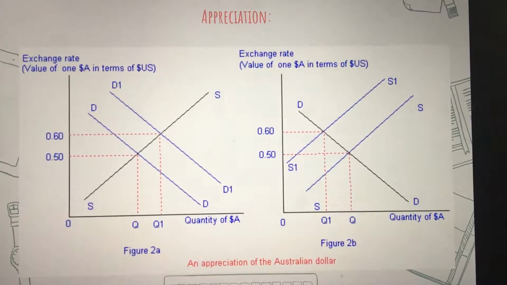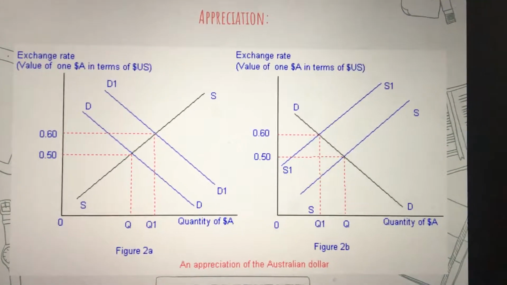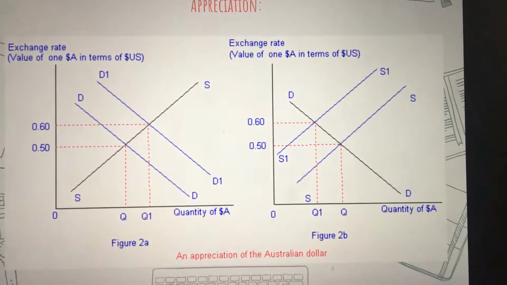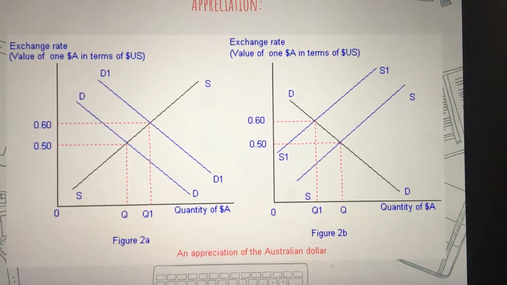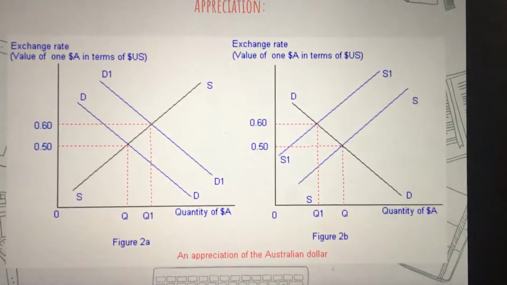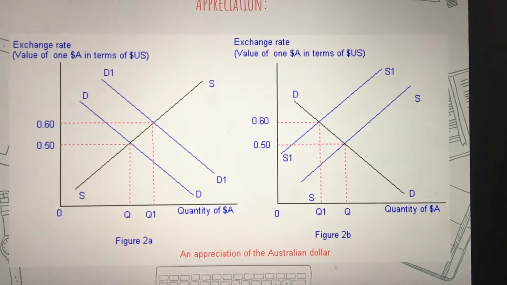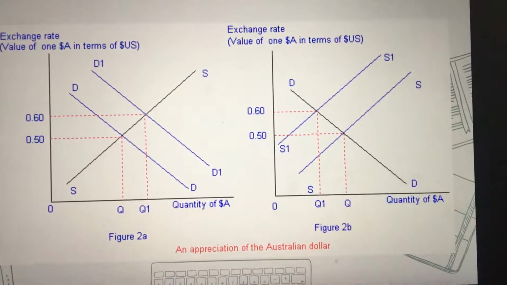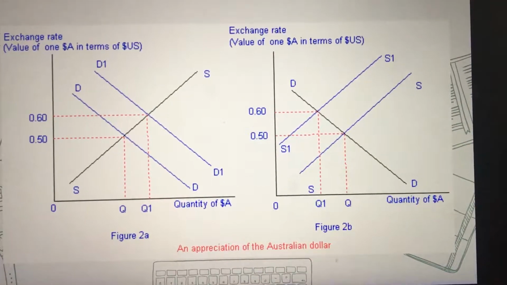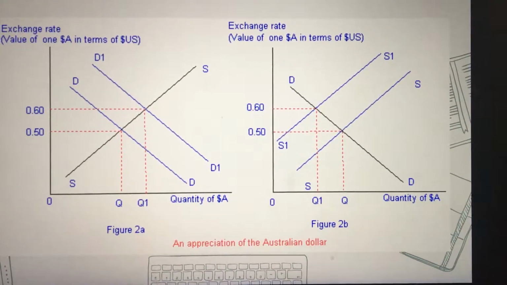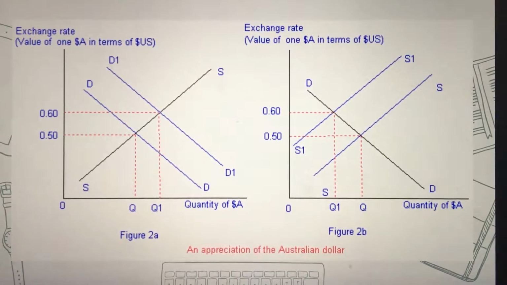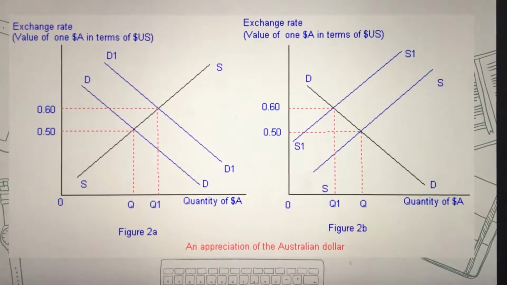And also you showed it on a graph a little bit, but just to show the two different ways a currency can appreciate. In this case, we have a graph of the Australian dollar, and it's the exchange rate and the quantity. So in figure 2a, we can see that the demand is shifting to the right, which is appreciating the currency. So the quantity is greater and the price is greater.